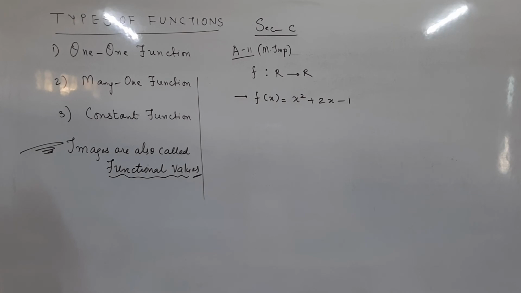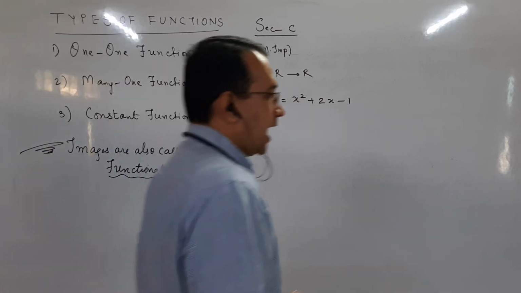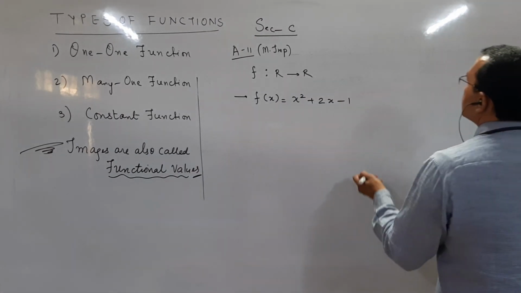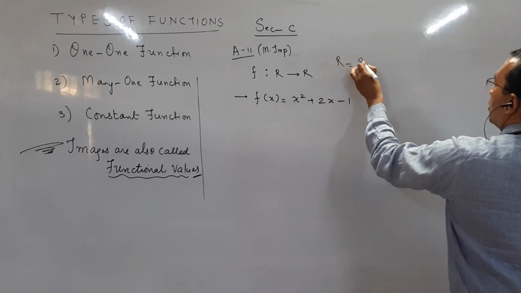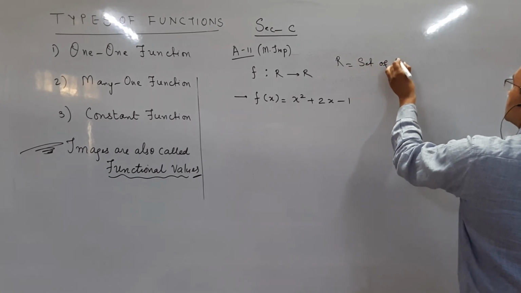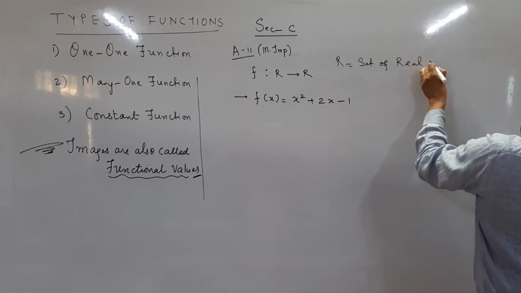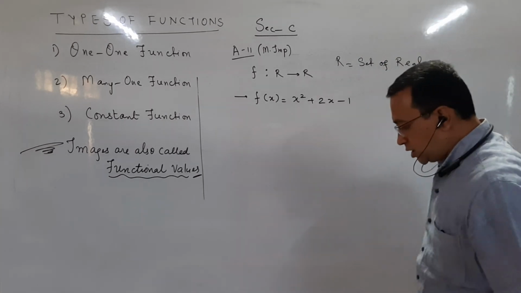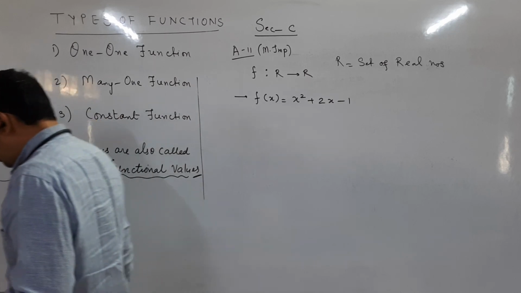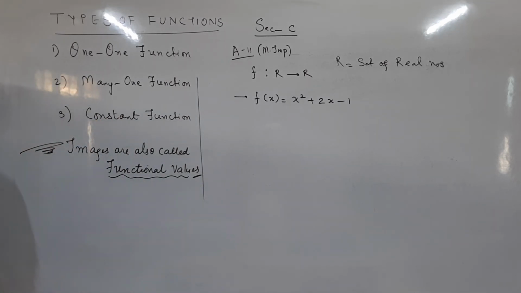Now here, domain and codomain are generalized, and R means set of real numbers, and this set possibly includes all types of numbers: natural numbers, integers, rational numbers written in the form say p by q, 2 by 3, irrational numbers like root 2, root 5.